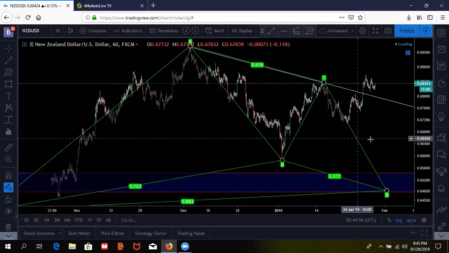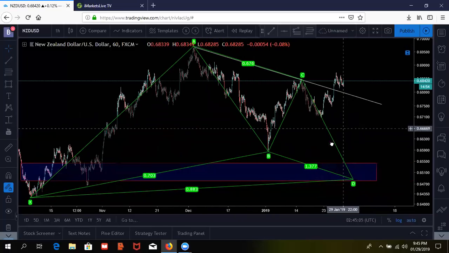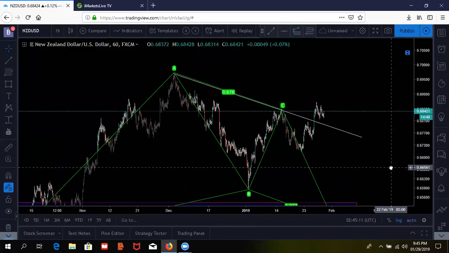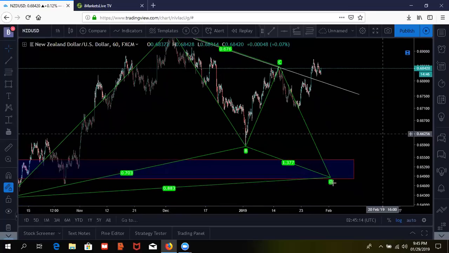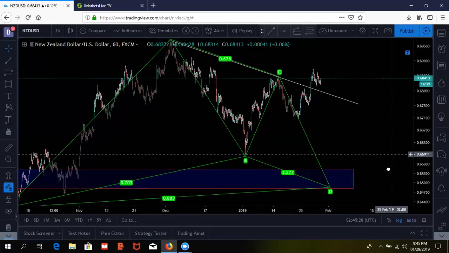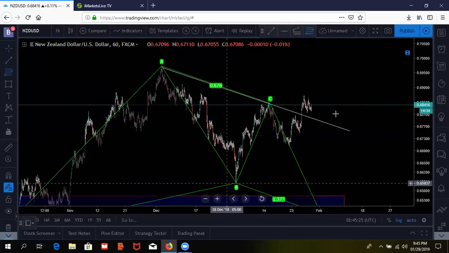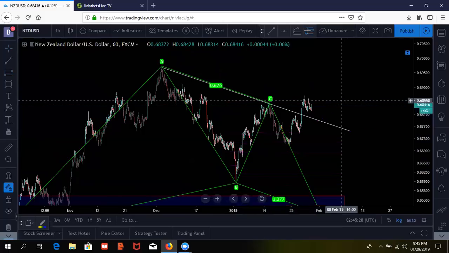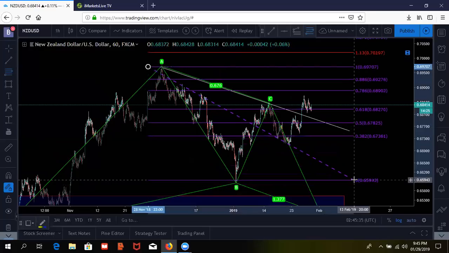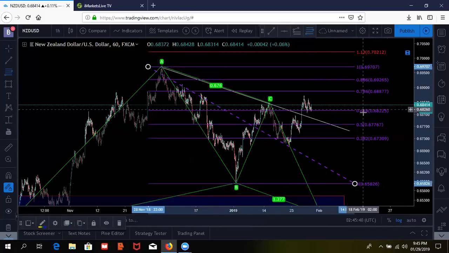See, like this right here, I had this harmonic pattern set up for price to push to the downside, and I'll be looking to buy it out of this zone right here. But it looked like it's trying to play around. But let me see something. See, this is a 61.8 right here.